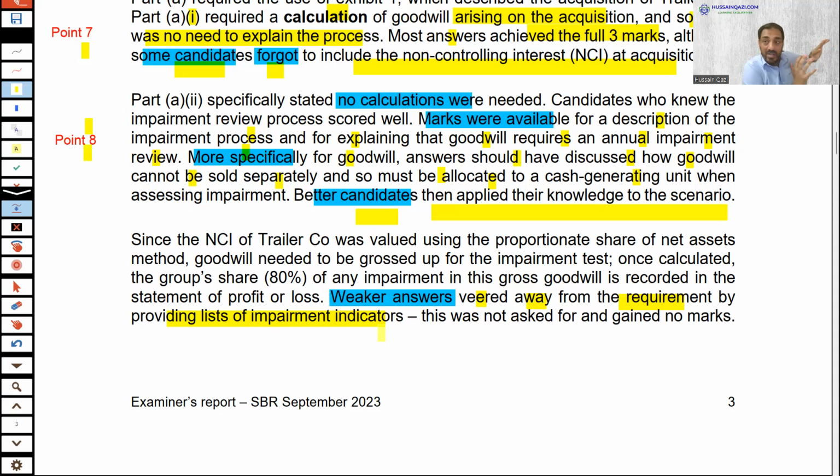If you start drafting a list of impairment indicators, you haven't answered the question according to the examiner's expectation, or I must say the answer is not relevant. So weaker answers veered away from the requirement by providing a list of impairment indicators. This was not asked for and gained no marks.